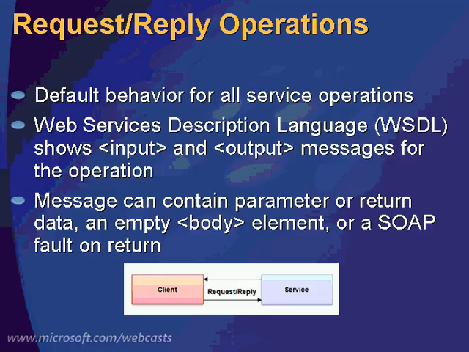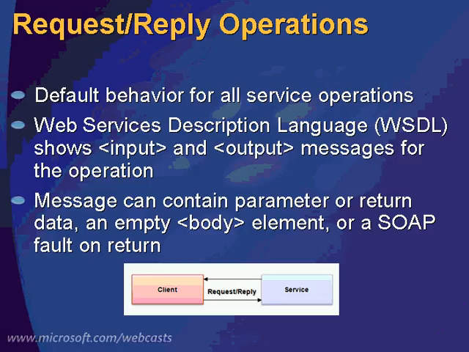And what that means is that when we produce the web service description language contract, the WSDL shows both an input message and an output message for each operation you might call at the service, which implies that clients always receive a response. And so like typical HTTP communication, a message comes in, a message comes out.